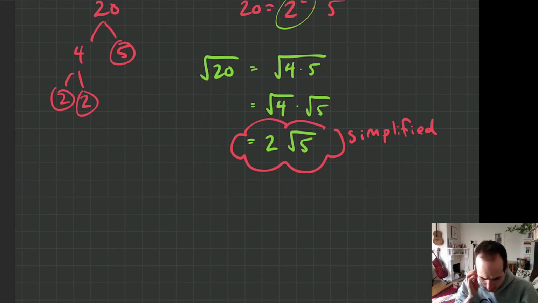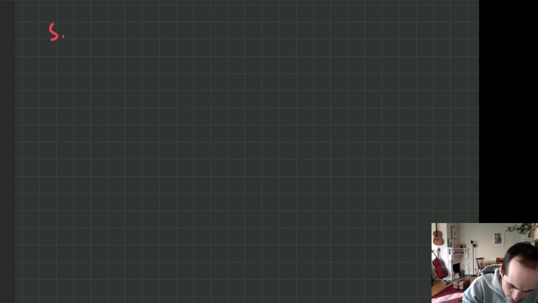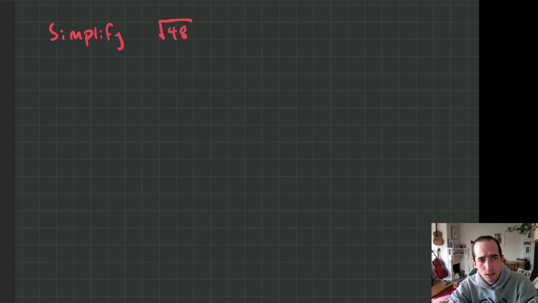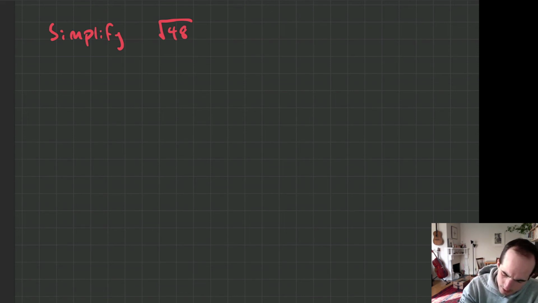Let's try just a couple more examples. Okay, simplify the square root of 48. So what I'm going to do is take 48 and factor it.